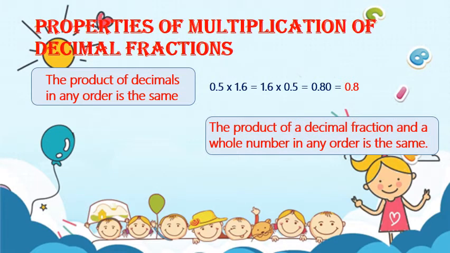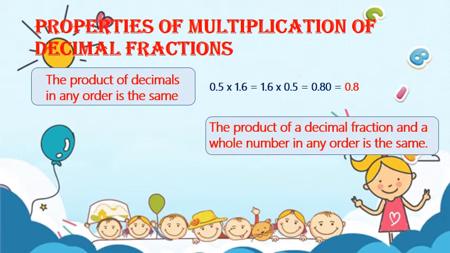The next property is that the product of a decimal fraction and a whole number in any order is the same. That is, when we multiply a decimal fraction by a whole number, whether we write the decimal fraction first or the whole number first, our product will remain the same.